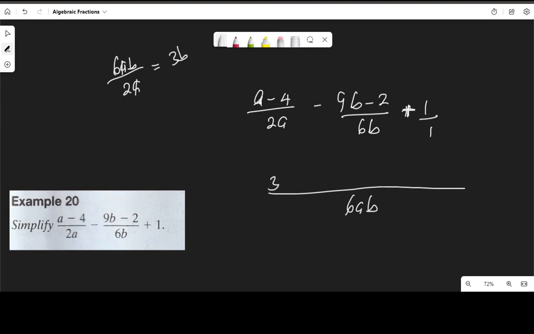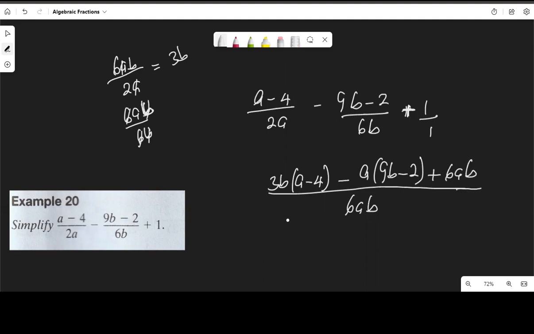Now 3b will multiply by the numerator, 3b multiplied by (a minus 4), and minus 6ab divided by 6b. 6 will cancel, and 6ab divided by b, b will cancel. So we are left with only a. We have a multiplied by (9b minus 2). Then plus 6ab divided by 1 is 6ab. 6ab times 1 is 6ab.